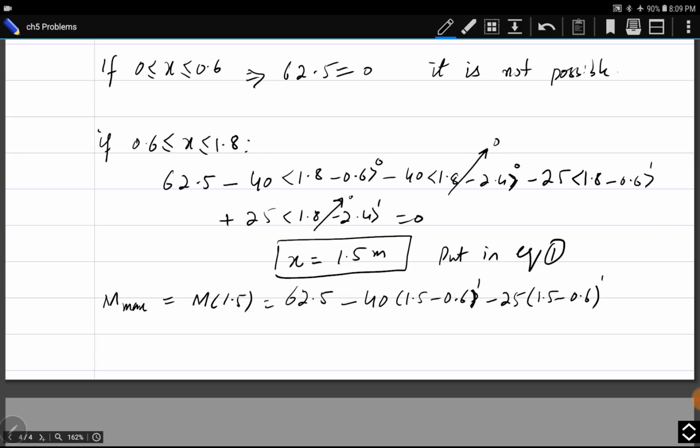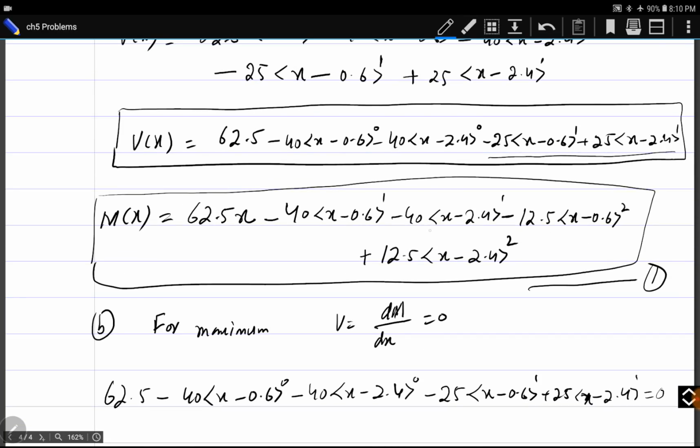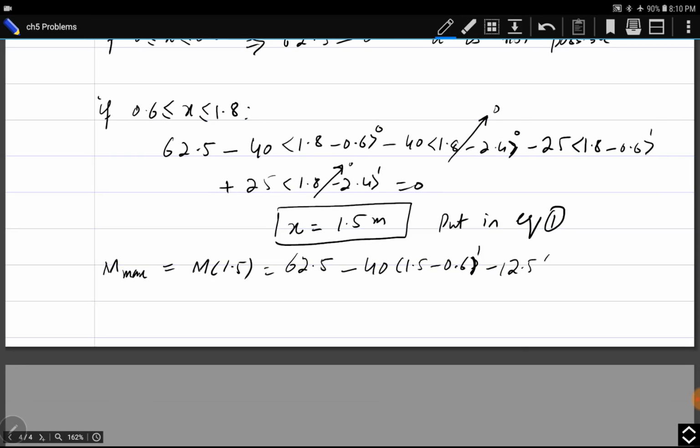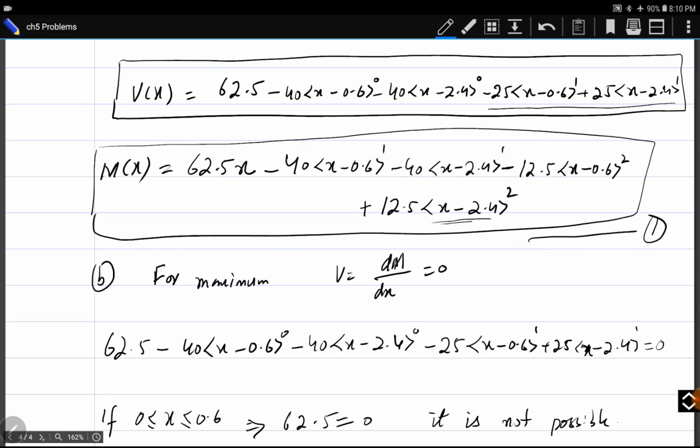I am putting values in equation number 1. This one here, if we put 1.5, is negative, so we will neglect this term. If we put 1.5 here, it is positive, so we will consider this term: minus 12.5 into 1.5 minus 0.6 power 2. And the last one, if we put x equal to 1.5 in this term, it is negative inside the Macaulay bracket, so we will neglect it. This term does not exist if x is equal to 1.5.